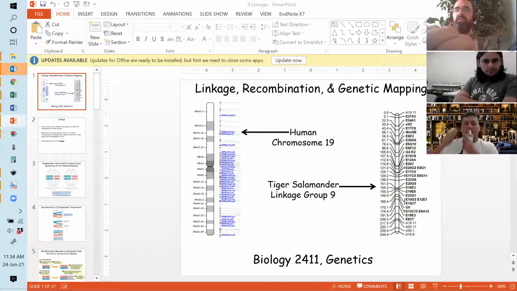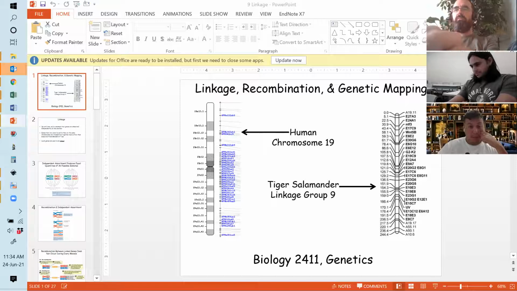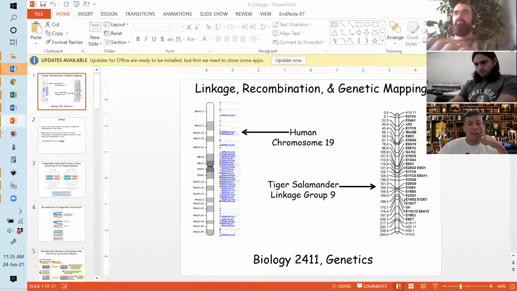The distance between two loci is directly proportional, if I can write that, to the probability of recombination occurring between them. And it's because it's random, right?